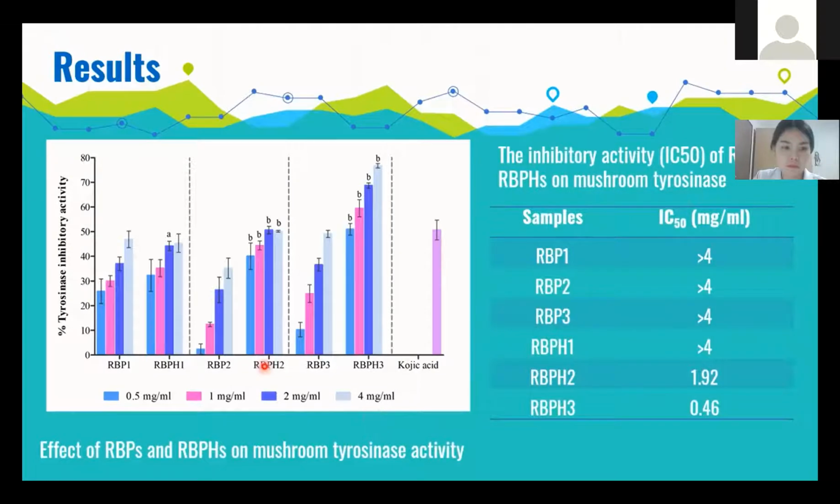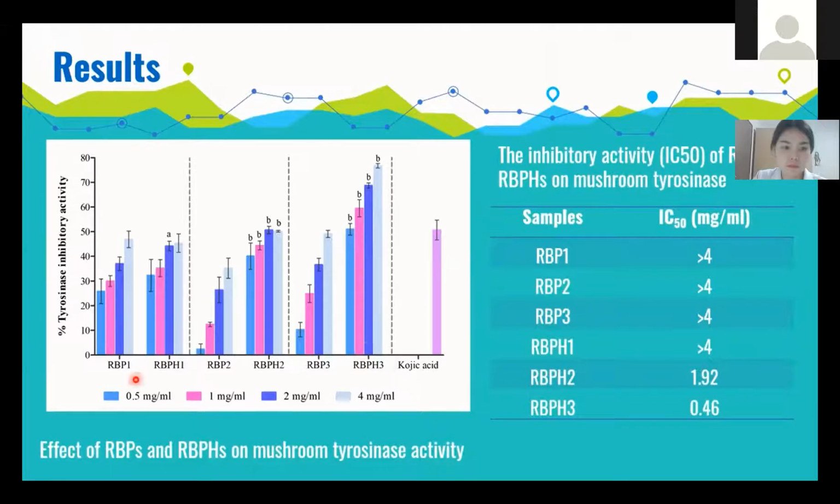The results show that RBP2 and RBP3 had a significant dose-dependent inhibitory effect on the enzyme activity, less than 50%. Moreover, their hydrolysates RBPH2 and RBPH3 were more potent tyrosinase inhibitors, around 2 to 5 folds higher than the protein extract.